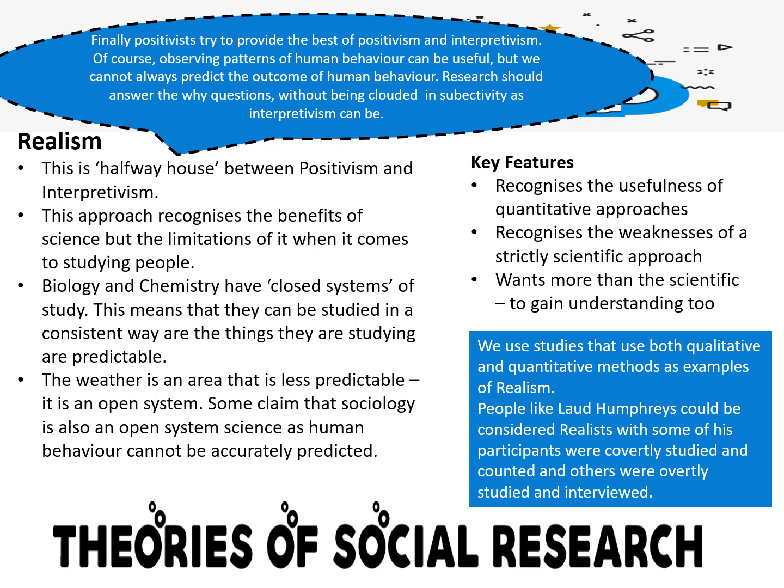So in a way, realism is great because it's getting validity and some deeper understanding, but it's also got the reliability that positivism offers us. So again, please pause and take some notes.